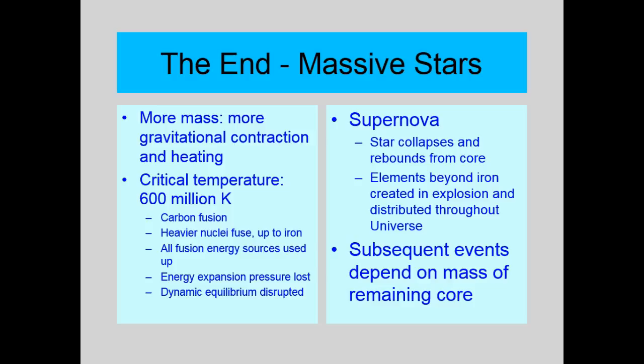Iron is just right down here at number 26. That's about a fourth of the way through the periodic table. Naturally occurring through fusion, iron is the maximum, but when you have that massive explosion, when it rebounds from the core, that creates the heavier nuclei here. I guess it is a type of fusion, but it's not the same type that we had before.